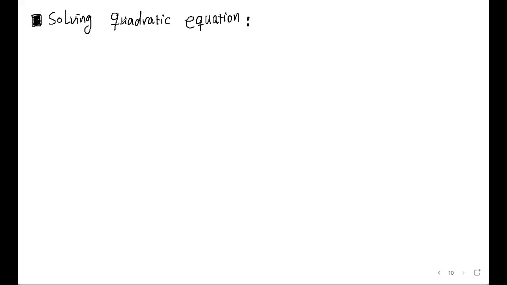So first of all, what is the meaning of a quadratic equation? Like before, we have to define the quadratic equation. Who has any idea what a quadratic equation means?